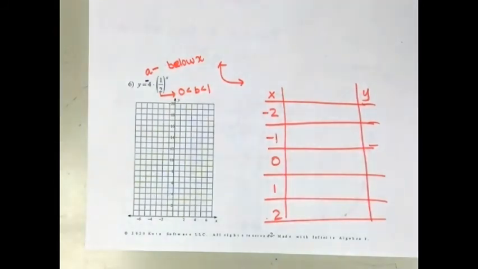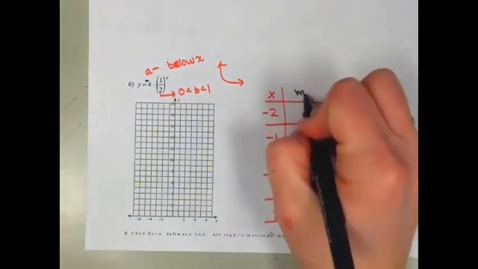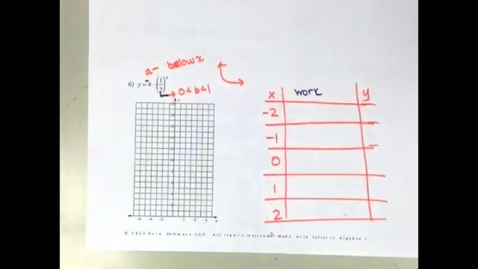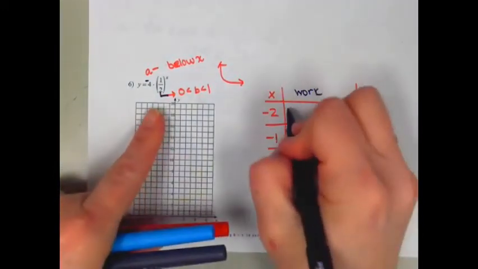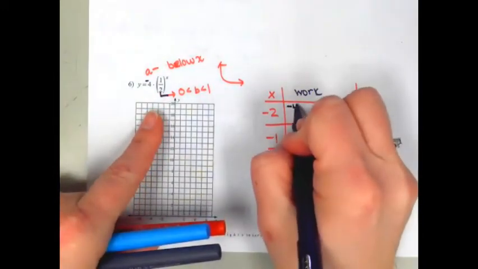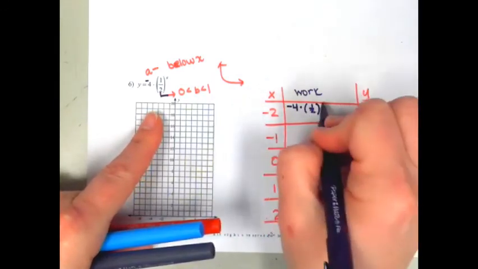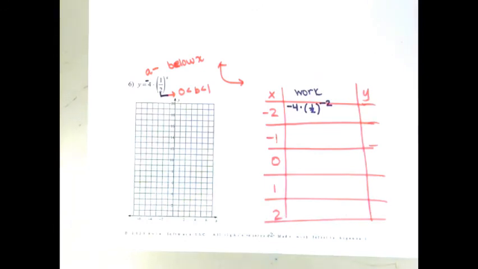And then our work. Now, because my b is a fraction, do you guys want to do negatives or positives first? Let's do negatives, because what happens when it's a negative? Doesn't it flip it to make it a whole number? So let's go ahead and do -4 times 1/2 to the -2nd power.